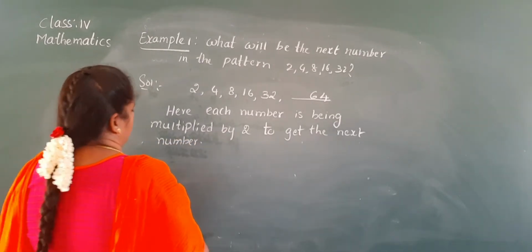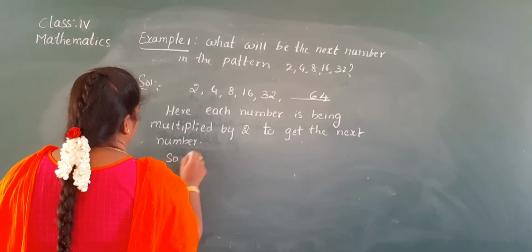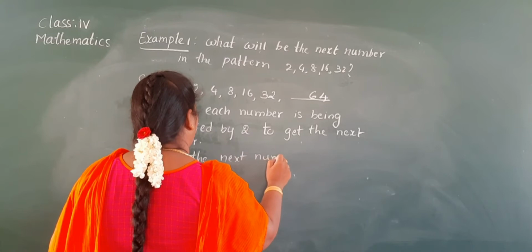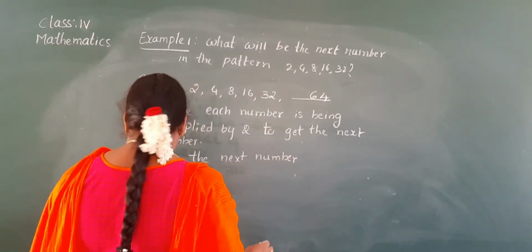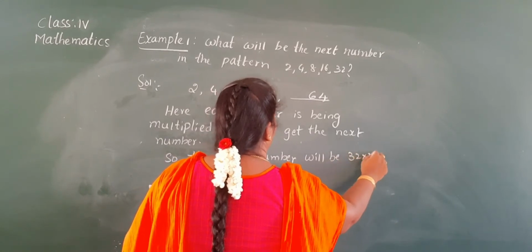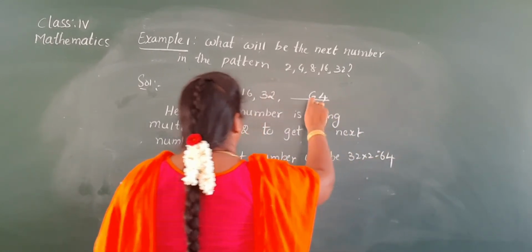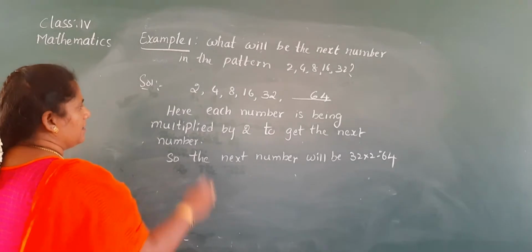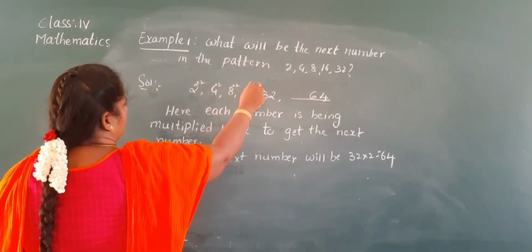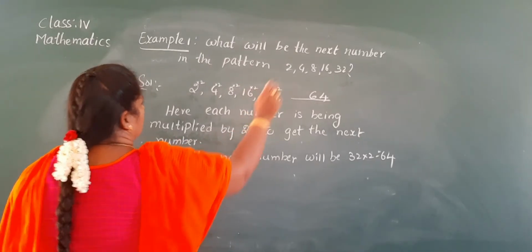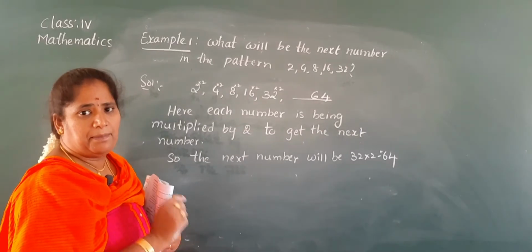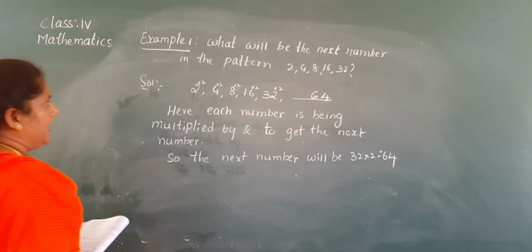So the next number will be 32 into 2, 64. We'll write that only here. Just keep multiplying into 2, into 2, into 2. So here is the pattern, multiplying each number by 2. Okay? And next one.